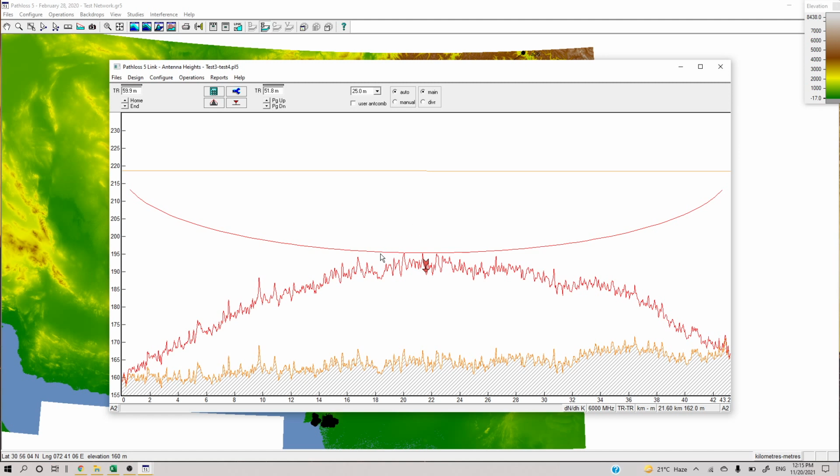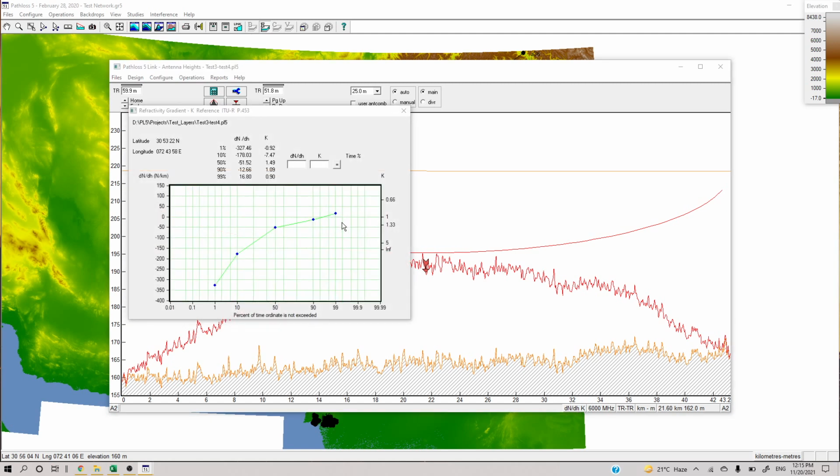This picture is depicted on a normal value of this k. Like for example, for 99% of the time, it should remain at 0.9. But this picture, generally path loss builds it on 1.33. It's not on 99.